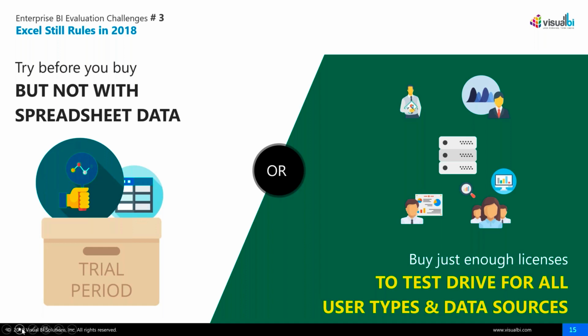I think this is one of the bigger problems because when they are actually trying to implement, they want to connect to, let's say, an Azure data lake, or their Teradata data warehouse. That's where a lot of disappointment happens. So being cognizant of your data sources and user types, and doing a real-world POC, will go a long way towards avoiding some of the strategy challenges.